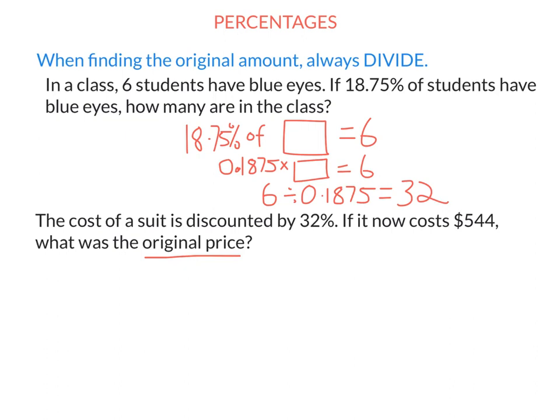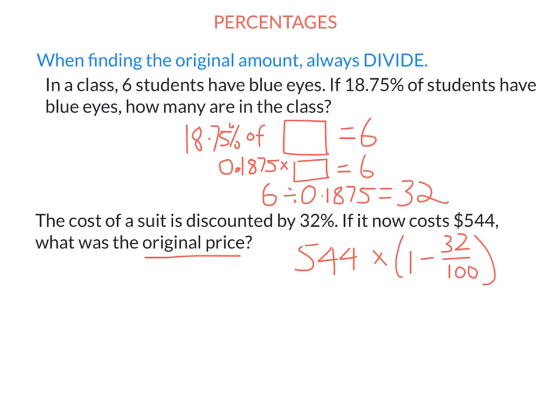So let's say, for example, I wanted to decrease 544 by 32%. Well, what we learned on the previous slide, you would just go 544 times 1 minus, because it's decreasing, discounting, minus 32 over 100. But the question here didn't say discount 544 by 32%.